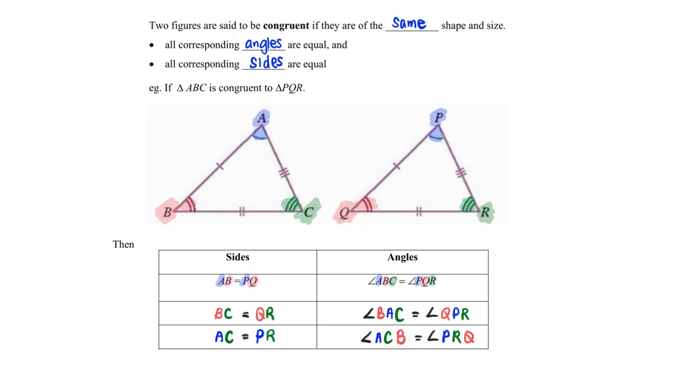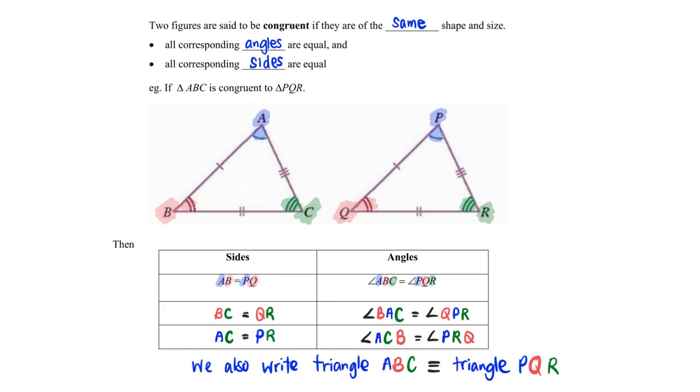if we say they are congruent to each other, there is also another way of writing it. We also can write it as triangle ABC is congruent, this sign means congruent to, triangle PQR.